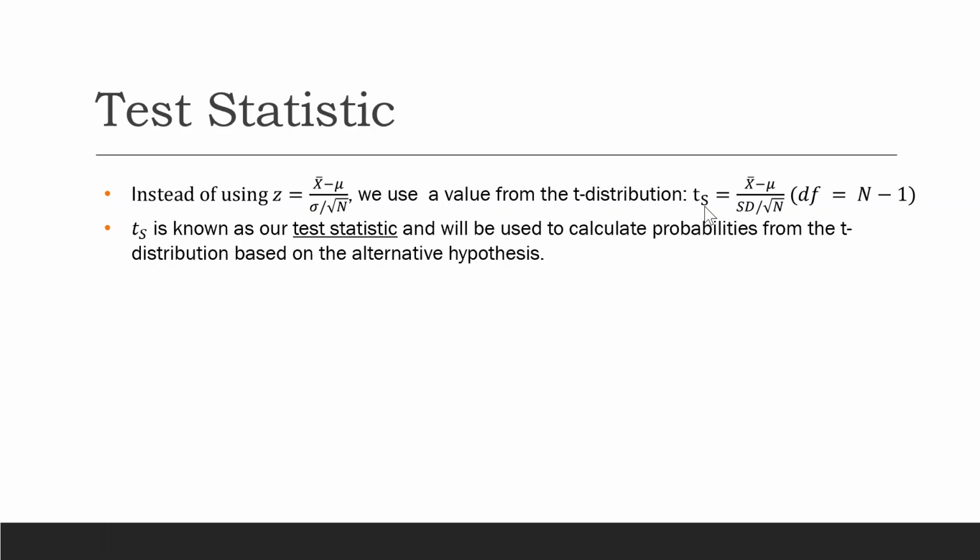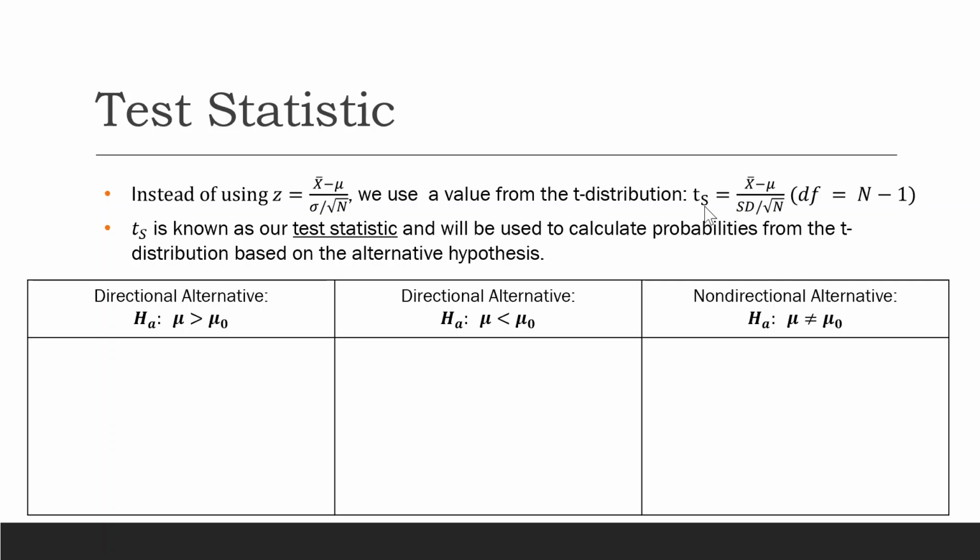Let's see how we can get there. Remember, depending on what our alternative hypothesis is, we're going to have to think about the actual probability calculation slightly differently. If we have a directional alternative, so our research question is that we expect the mean to be greater than some value here, then I'm in this first scenario here in this first box to the left.